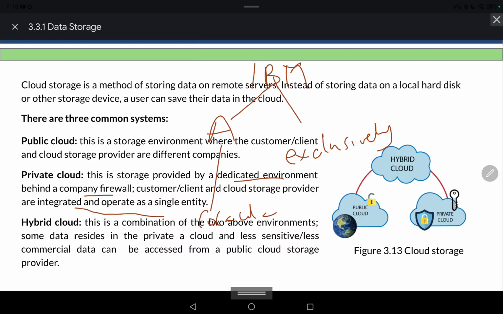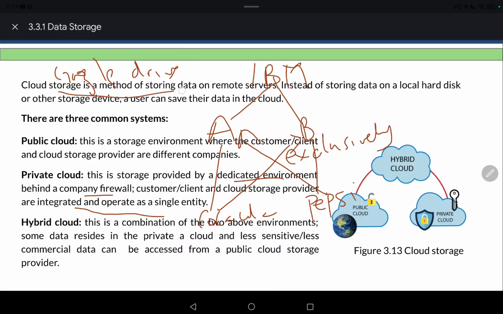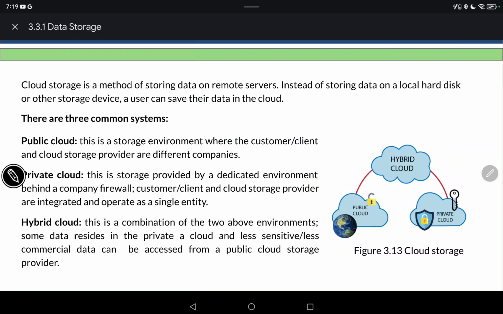Then it provides another storage B, let's say for a company Pepsi. So Pepsi does not have access to, is not using the same storage as Coca-Cola. Same thing, Coca-Cola is not using the same storage as Pepsi. Unlike Google Drive, where all the organizations are using the same storage. So that is the difference between public and private cloud storage.